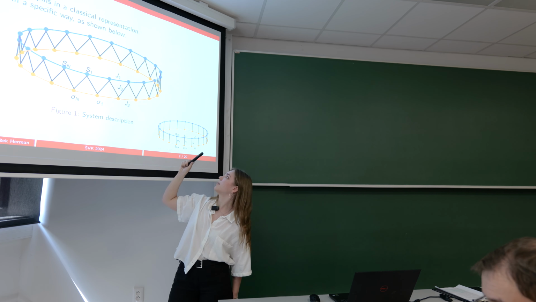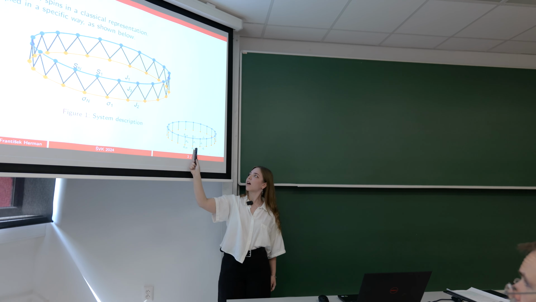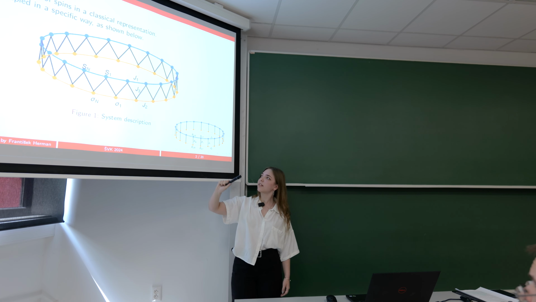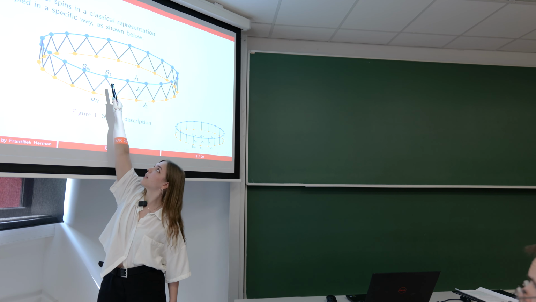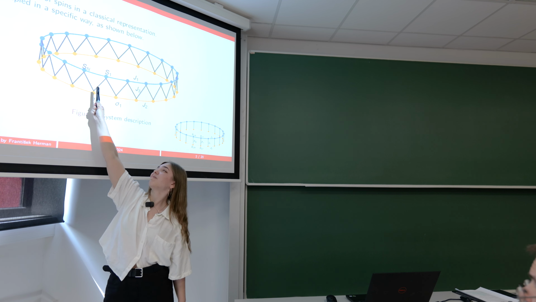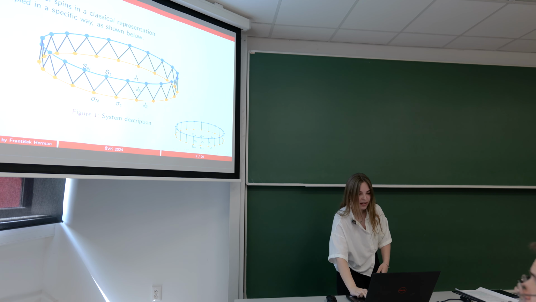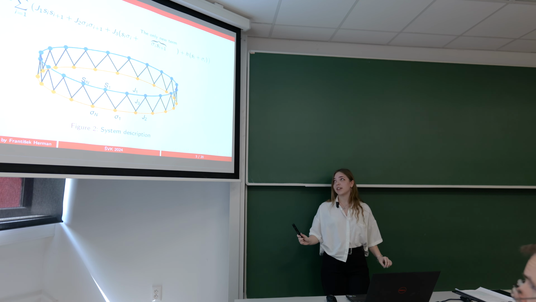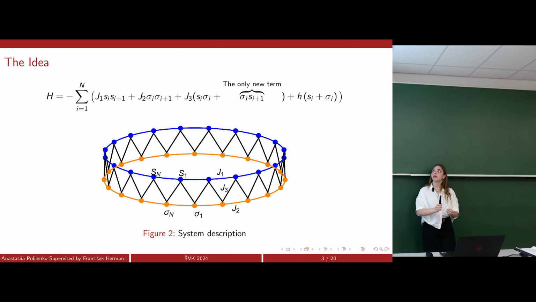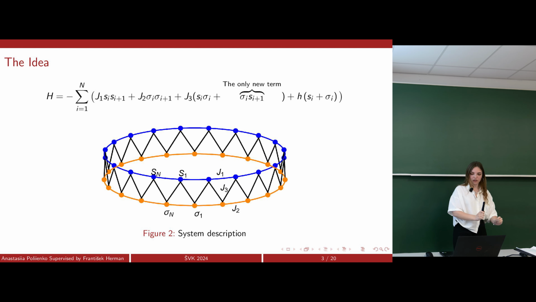You can see that Marcel had couplings like this. We have the same couplings, but one coupling more, one type of coupling. So for the Hamiltonian, it will mean that we have only one new term in the energy function. And let's look at how the system will behave.